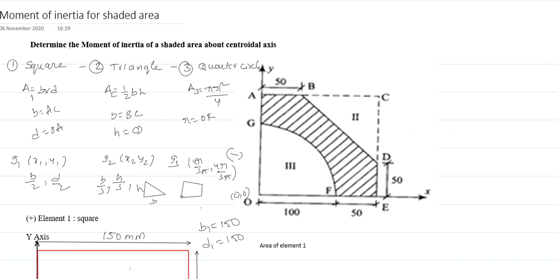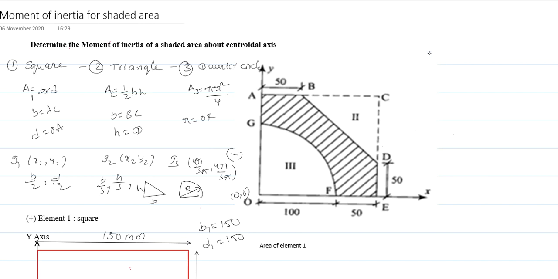For the following figure, this is radius r, small r or capital R, whatever. The centroid of any quarter circle is 4r by 3 pi comma 4r by 3 pi. These are the formulas you must remember before going to solve for the centroid.